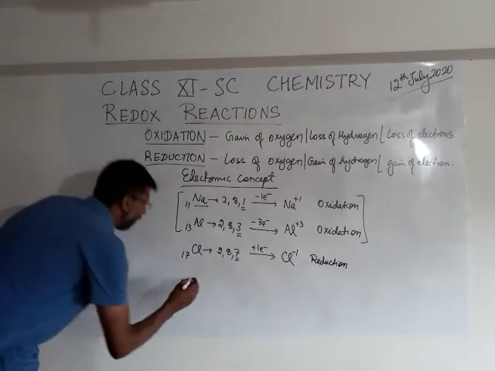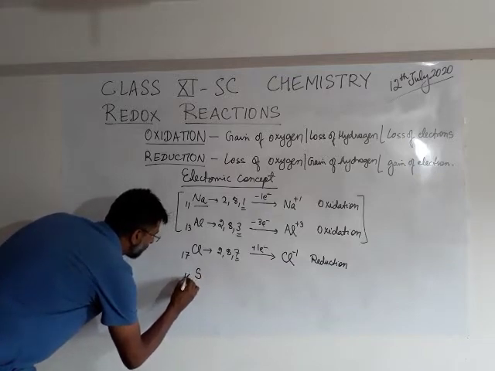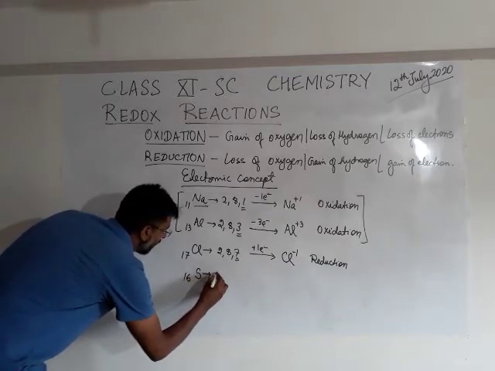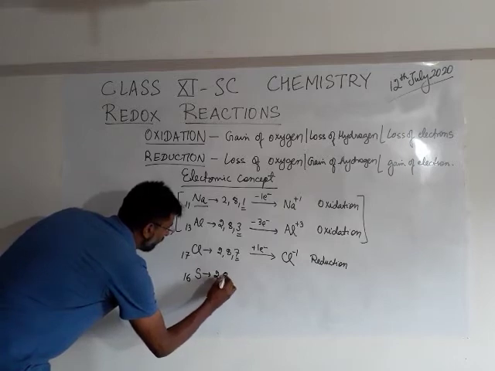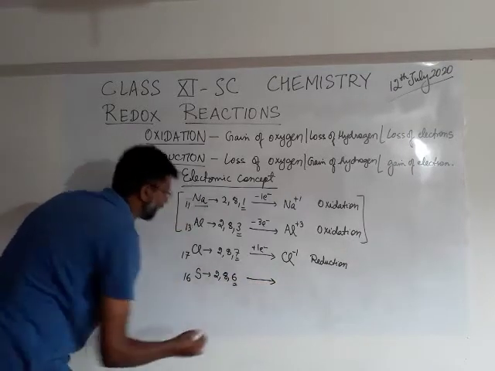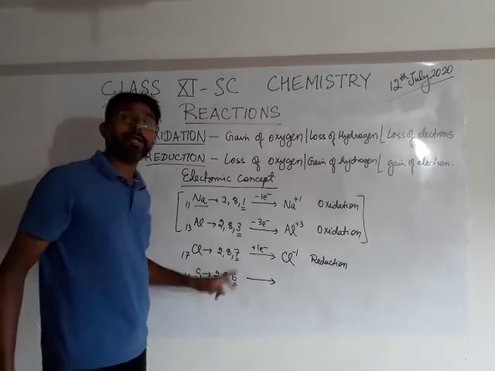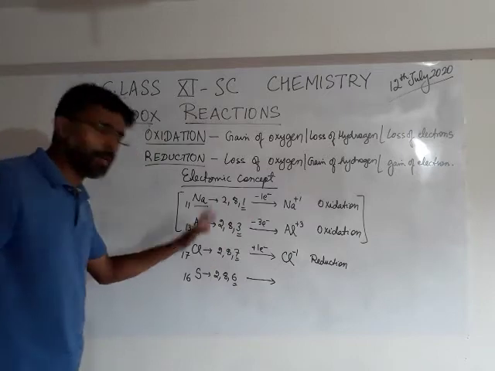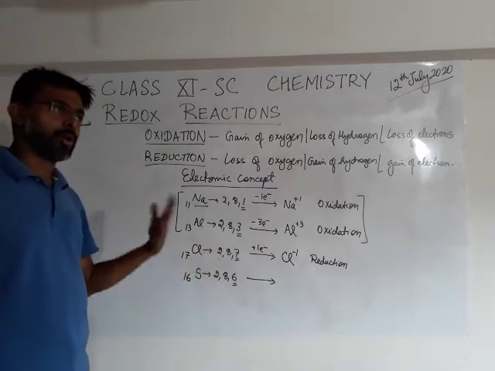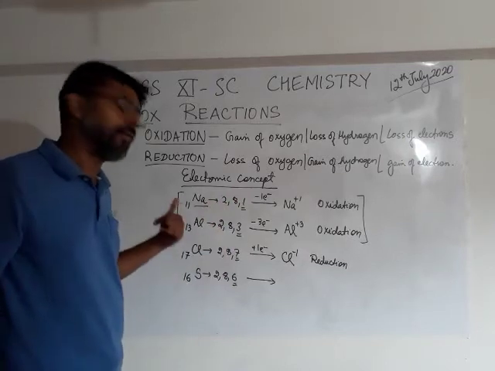One more example I would like to give you. Let me take sulfur. Sulfur's atomic number is 16, so the electronic configuration is 2, 8 and 6. The valence shell of sulfur has 6 electrons and it is short by 2 electrons. It is a non-metal. I have told you already, non-metals have 4, 5, 6, 7 electrons in their valence shell.